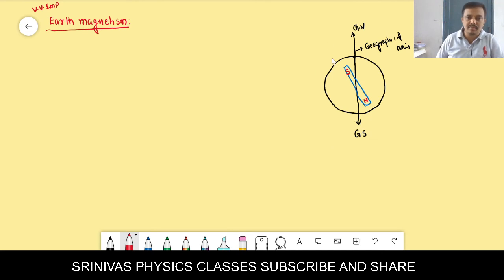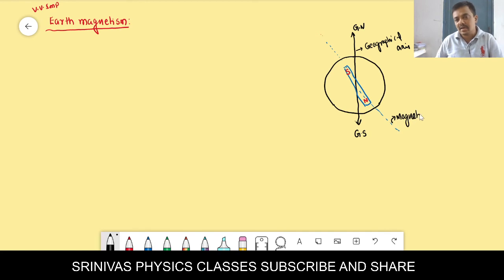This is the line passing through the north and south poles of the magnet. This is called the magnetic axis.